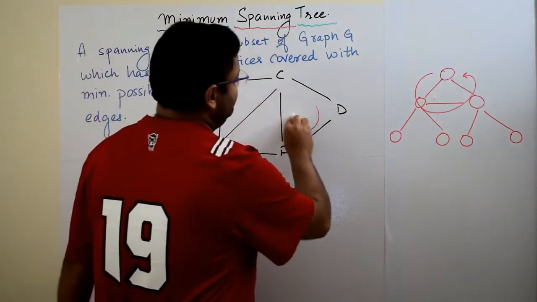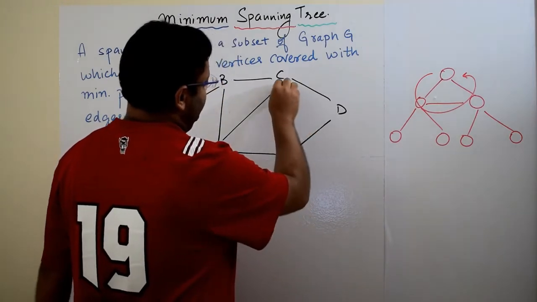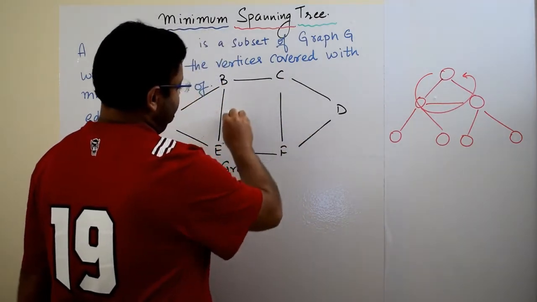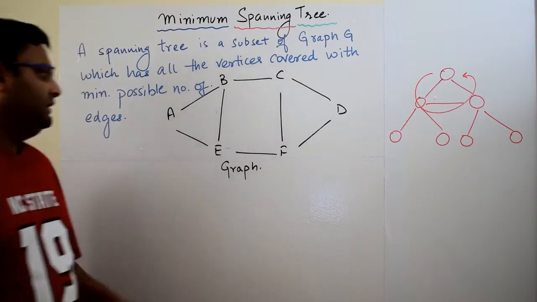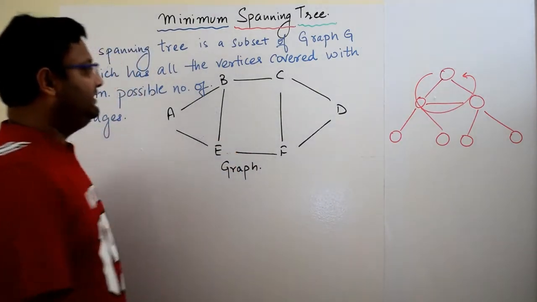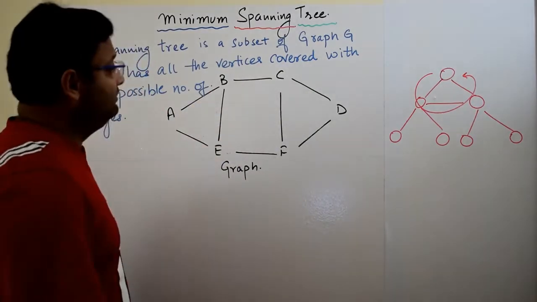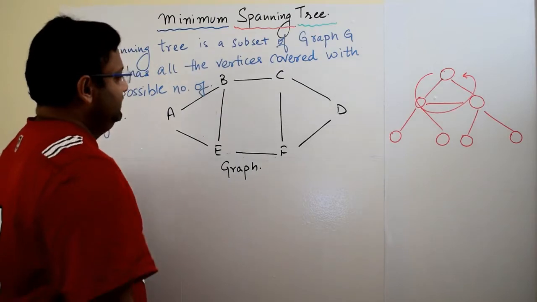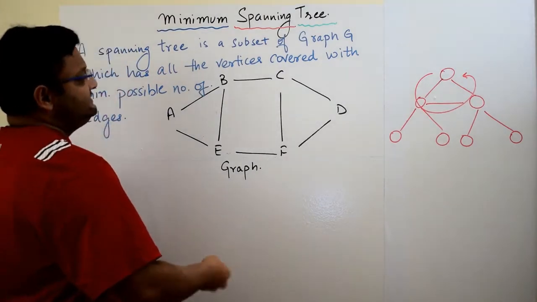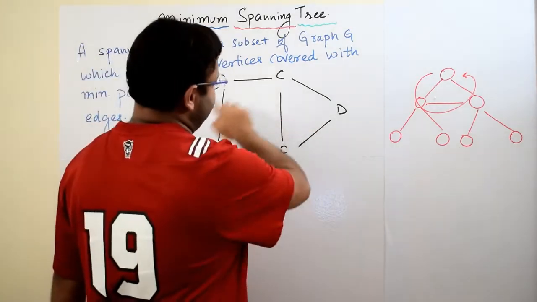So for example, let me remove this edge. It is still a connected graph, right? Connected graph means all the vertices are connected, although we get into the formal definition later on. Now, are there still any cycles? Yes, there are cycles. You can see this cycle, you can see this cycle, this complete cycle.